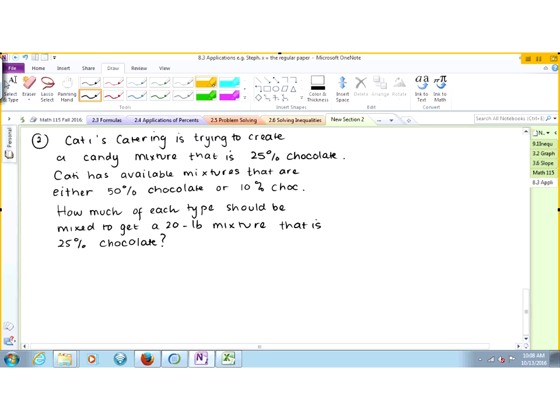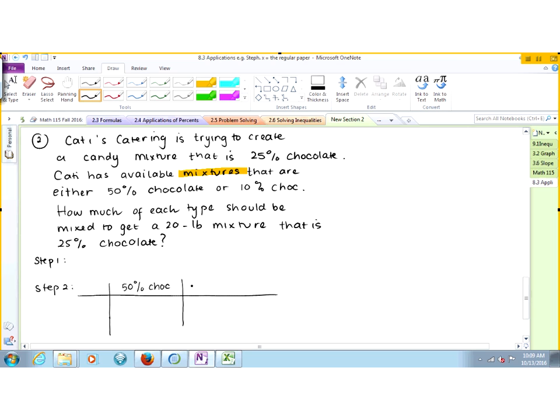All right. Do I need a table here? Yep, because I'm trying to mix, right? Whenever we see mixture, we will start a table. So let's just type down what we know. So what about my table? What type of columns do I have? 50% chocolate, right?